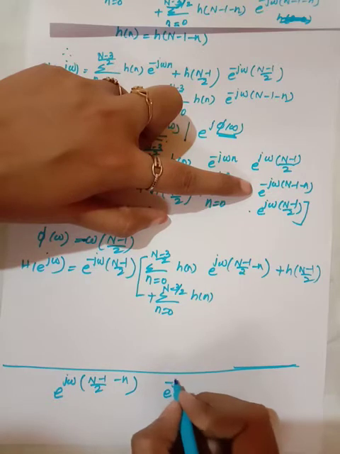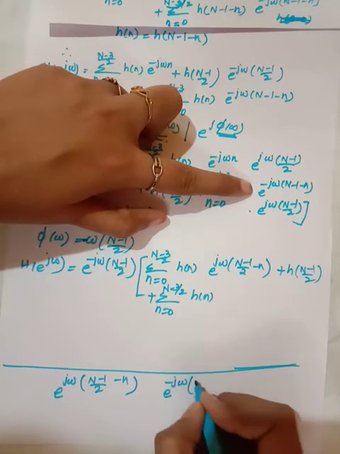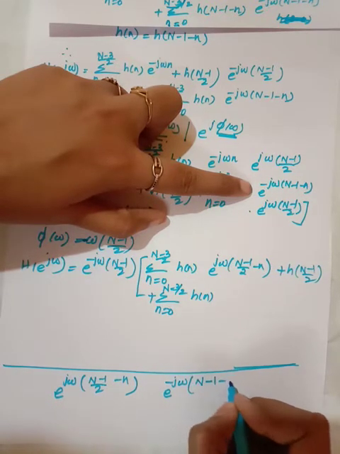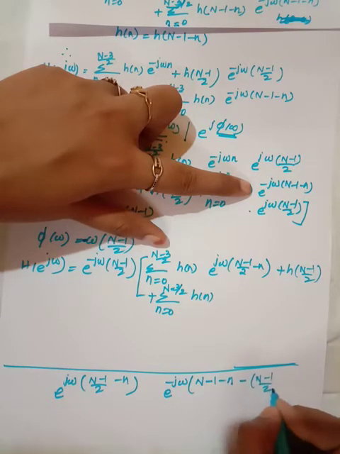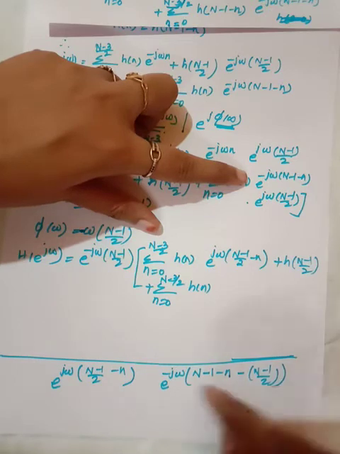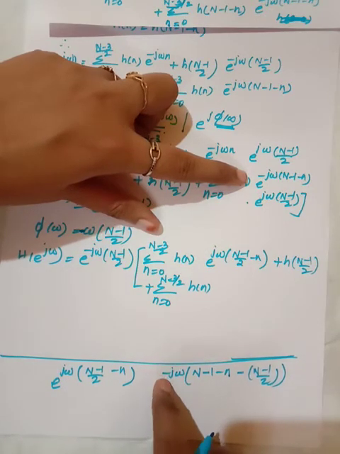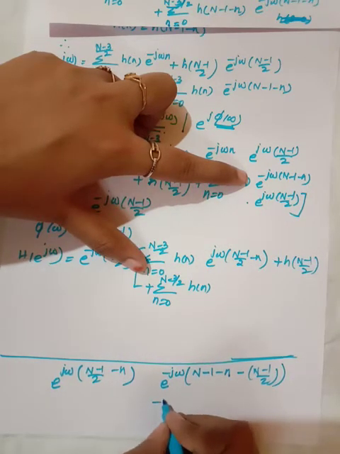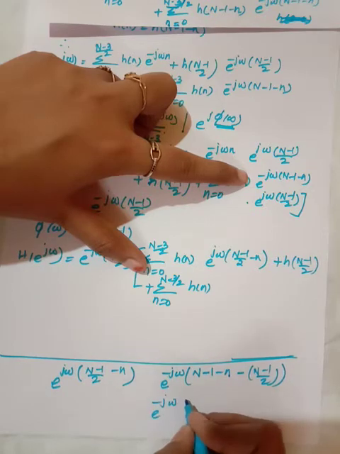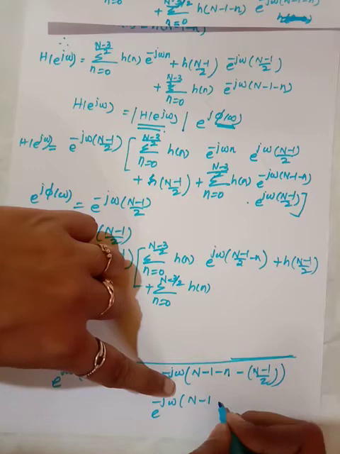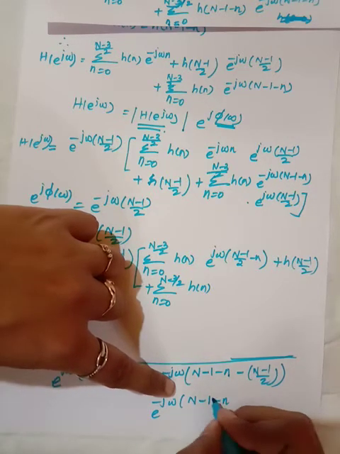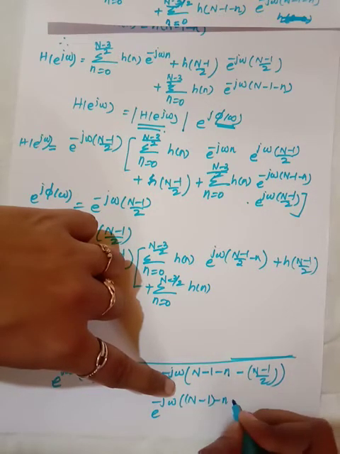Here the coefficient I am taking as e power minus j omega n minus 1 minus n, so minus of n minus 1 by 2. Here, because I have taken minus j omega outside, it is minus j omega, e power minus j omega n minus 1 minus n, and here minus n minus 1 by 2.